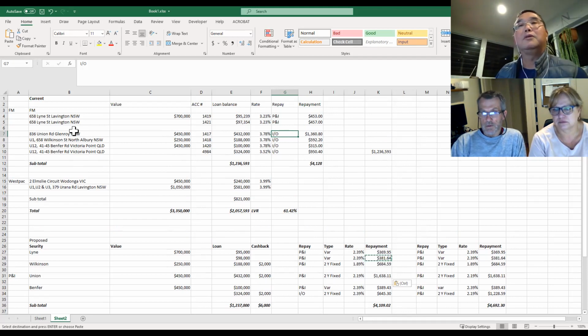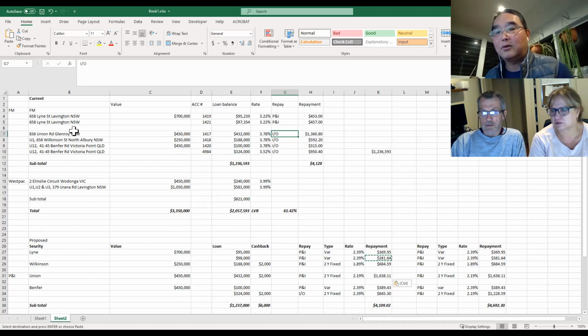In New South Wales it's about $700 per property. I thought our package with Westpac... No, Westpac doesn't charge. For First Mac, they will charge you a discharge fee, around $350 per property, and the government in New South Wales charge about $220 per property.